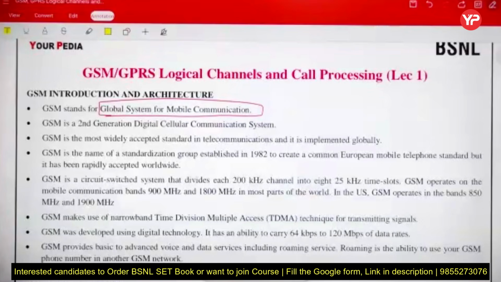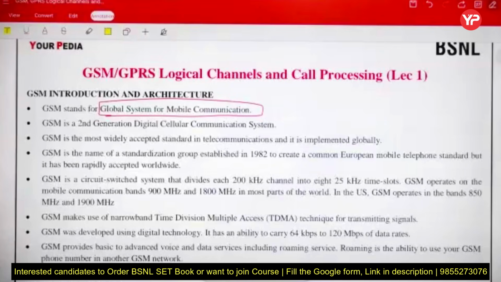Initially, every country had its individual standards for telecom communications. India used a different communication strategy, the US used a different one, and other countries used different ones as well.